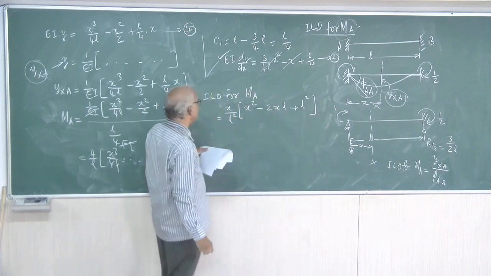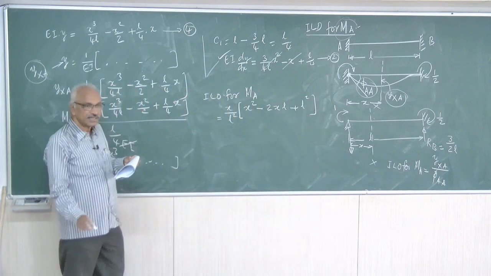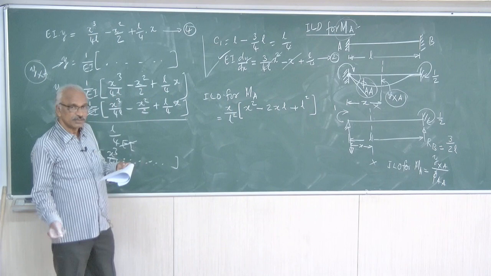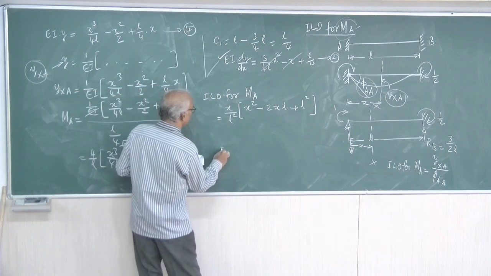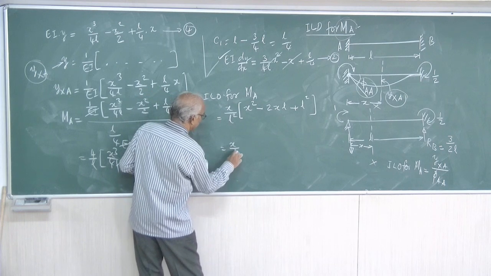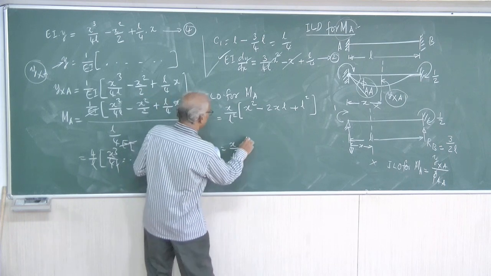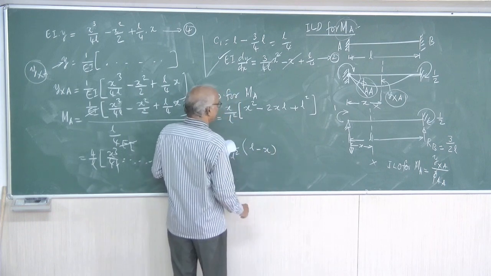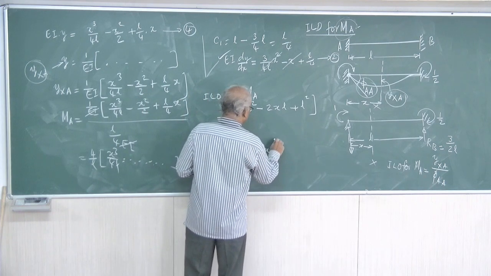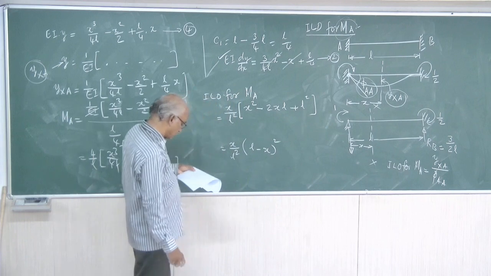You can try to do one or two more steps. So this will be the equation we will be getting. Again, this will be given in books as x by L square into (L minus x) whole square.